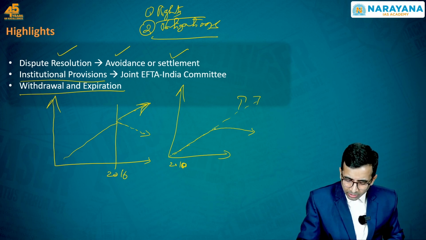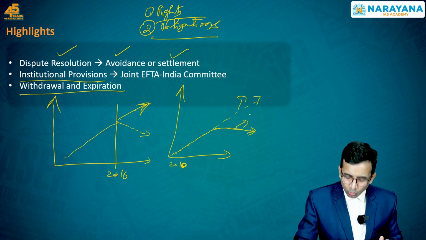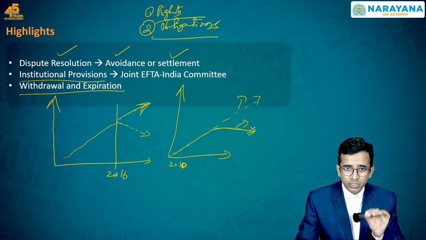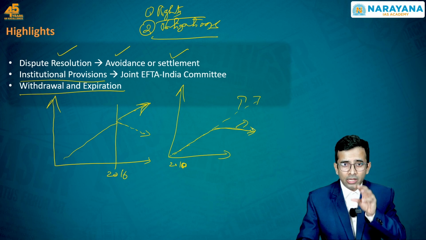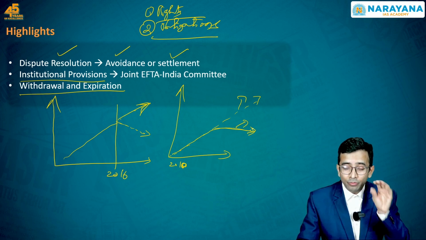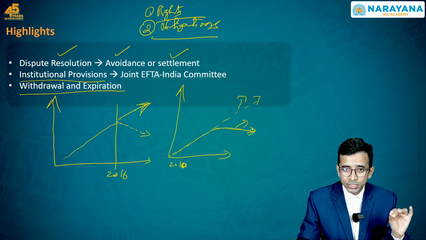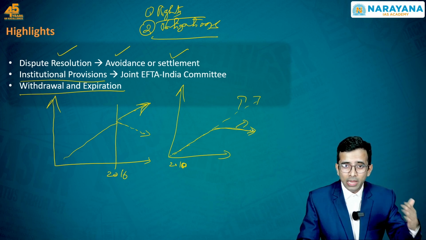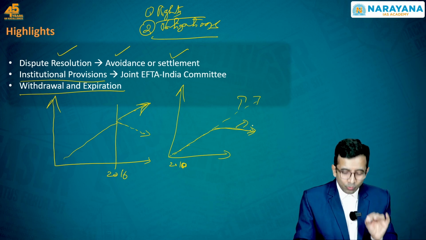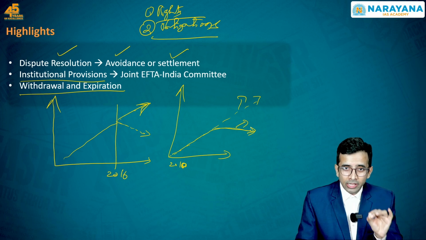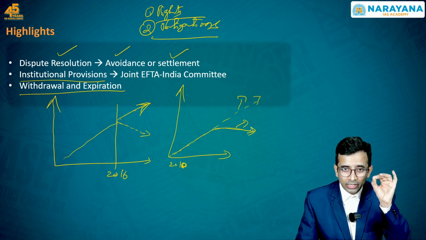On the other hand, this solid line shows the growth rate possible from goods or services which are not part of free trade agreements, or the regions with which we do not have a free trade agreement, which did not see much improvement in bilateral trade. Once you realize this, you will see that such free trade agreements are going to be beneficial for India.